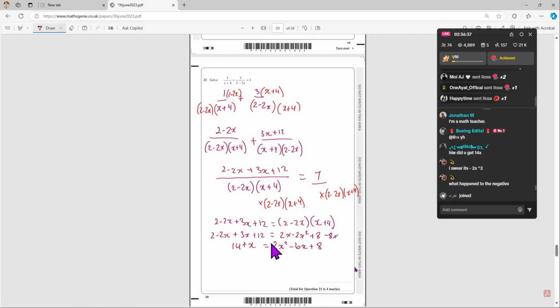And this over here is going to be minus 2x squared. Then 2x minus 8x is going to give us minus 6x plus 8, okay?